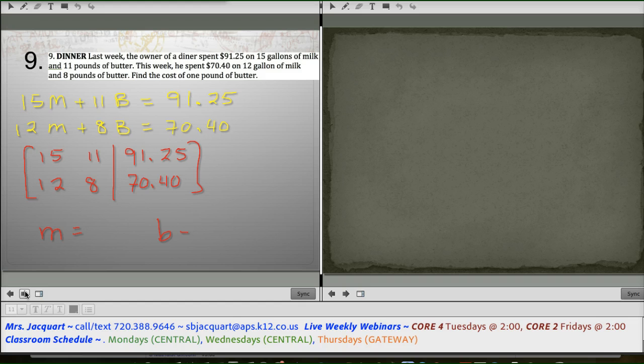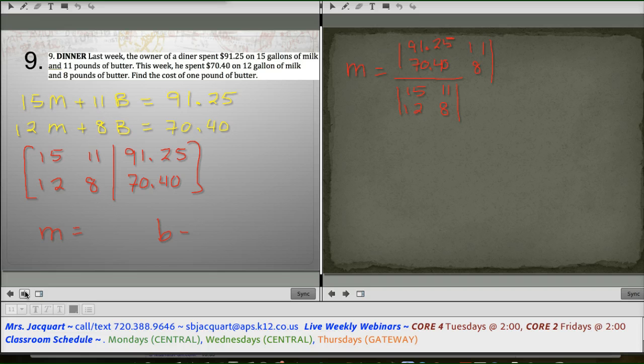Okay, so my m is going to equal the determinant divided by the determinant of the first part, 15, 11, 12, 8. I'll change the x column, because that's your m column, to 91.25 and 70.40, and then you leave the y column as 11, 8.